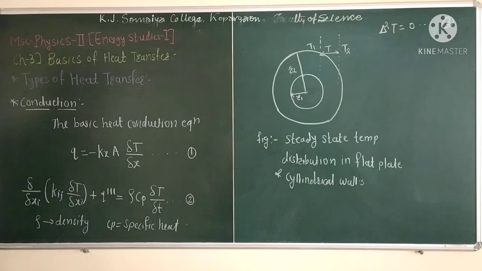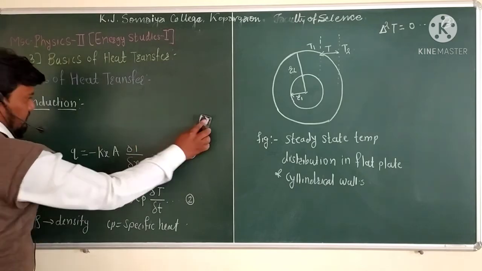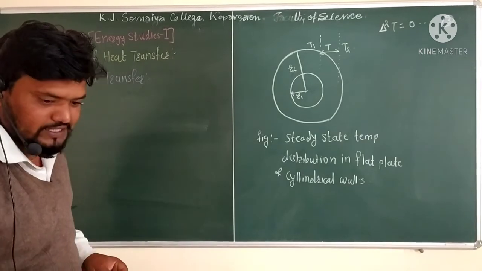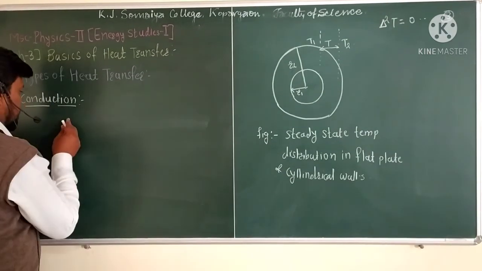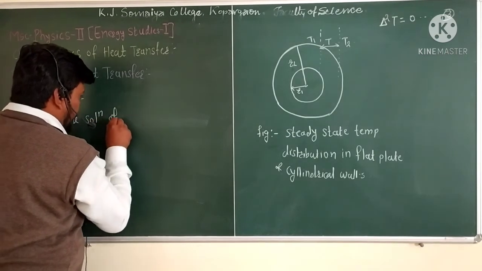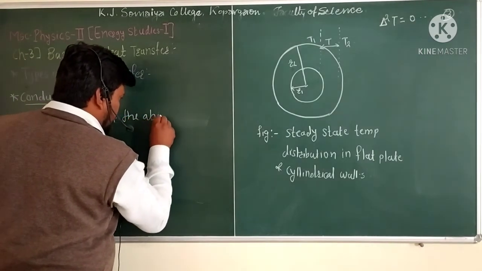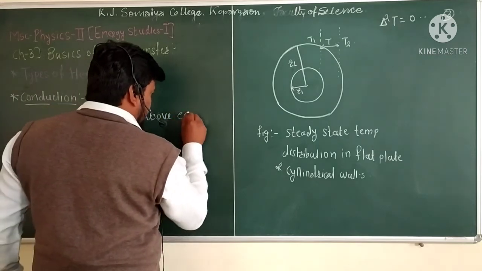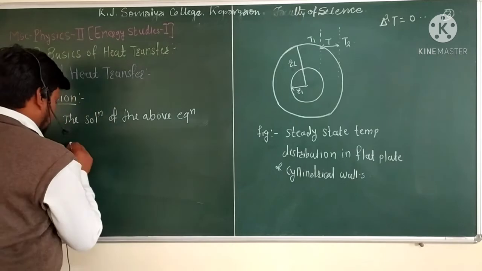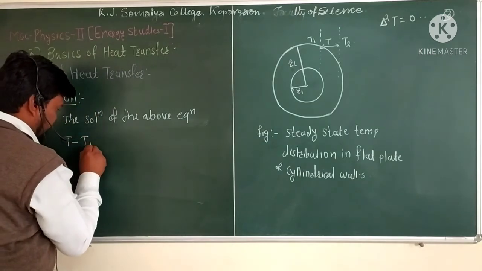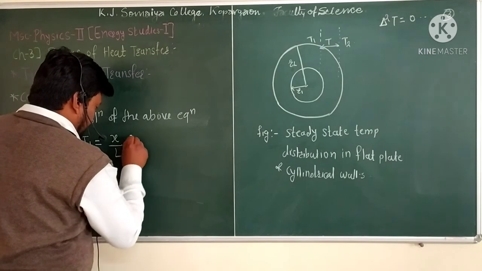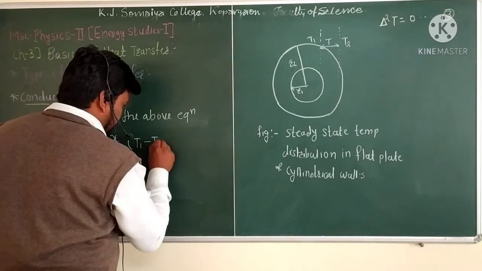The solution of the above equation, which is given here, shows the temperature difference across the collector: T minus T1 is equal to x upon L, in brackets T1 minus T2.